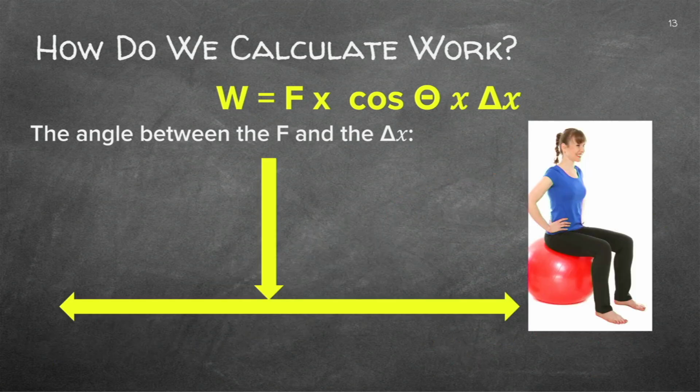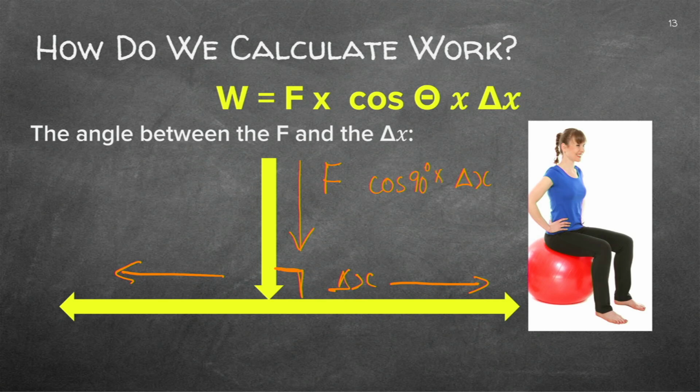So what happens here? I've got this lady sitting on an exercise ball. So the force is exerted parallel to her body downward, which is perpendicular to the ball. And can you see delta x, the movement of this latex ball, is to the sides. So I've got an angle between F and delta x, which is 90 degrees.